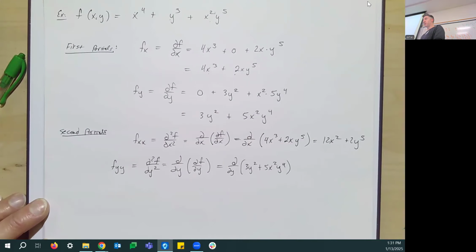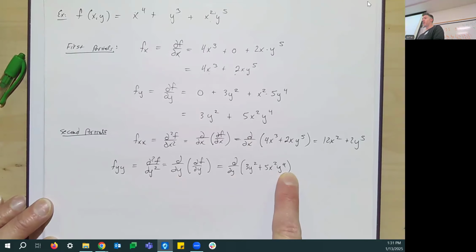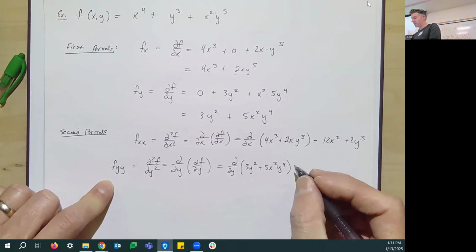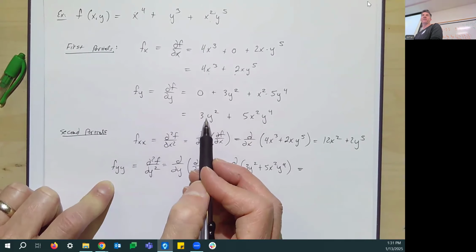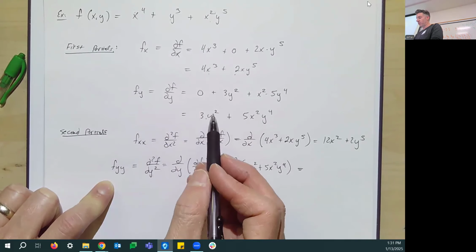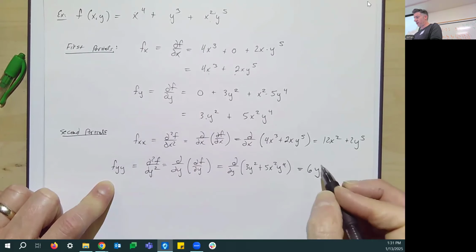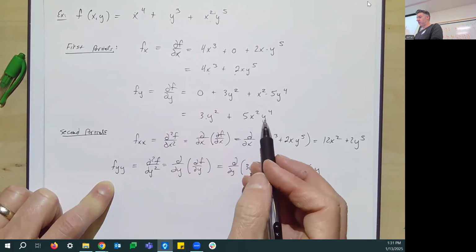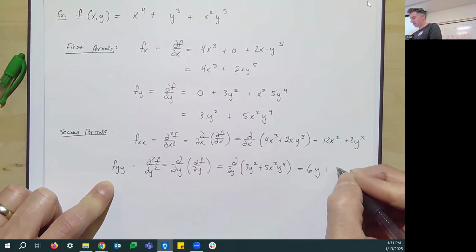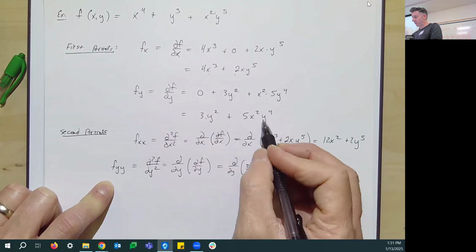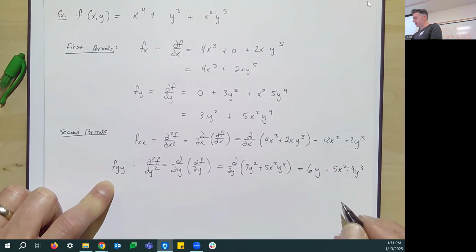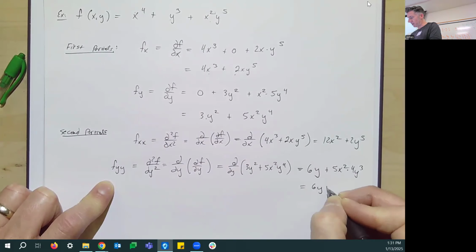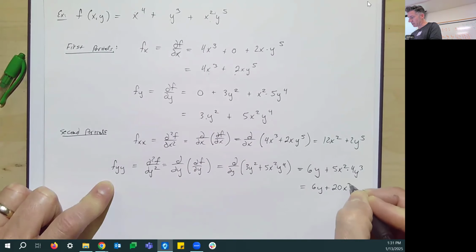Genuinely, you should skip all of this writing and go straight from fyy to taking the derivative with respect to y. The derivative of 3y squared is 6y. The derivative of 5x squared times y to the fourth: the 5x squared hangs out, and the derivative of y to the fourth is 4y cubed. And then I would simplify that as 6y plus 20x squared y cubed.